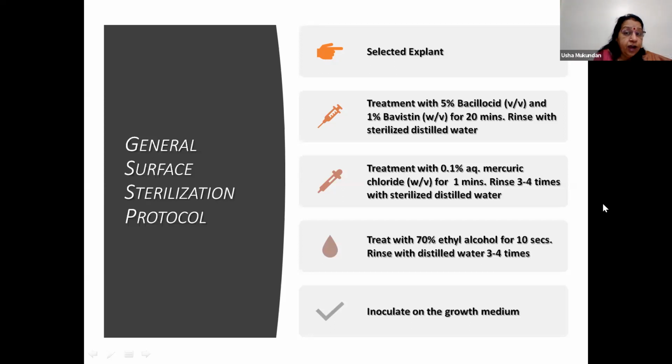Now, if ethanol is not available, then you can use isopropyl alcohol. You don't use methanol. Why? One, it is poisonous, so it is not recommended for usage by human beings, because obviously we are going to be the ones doing the sterilization.